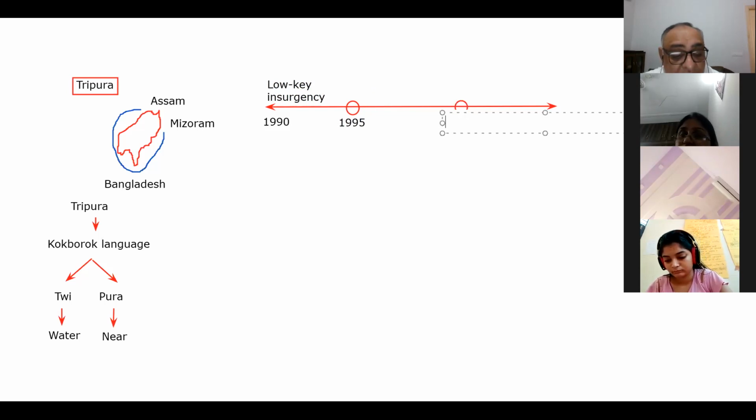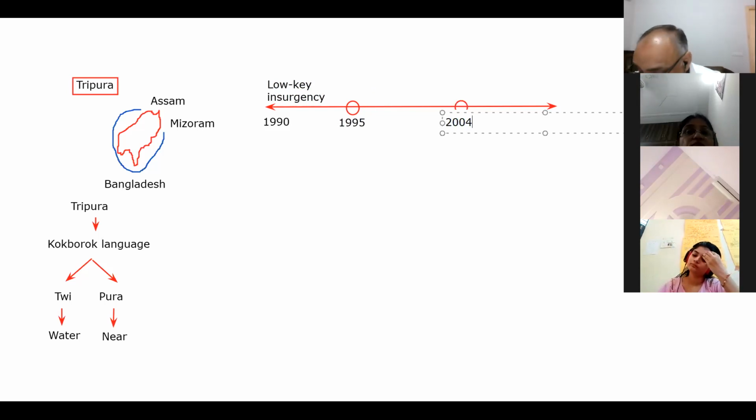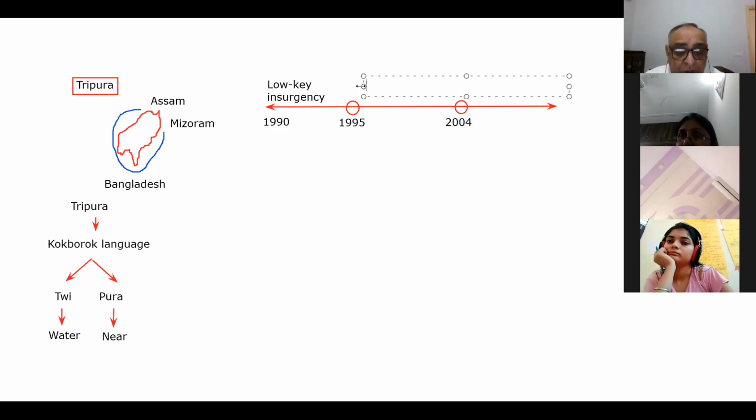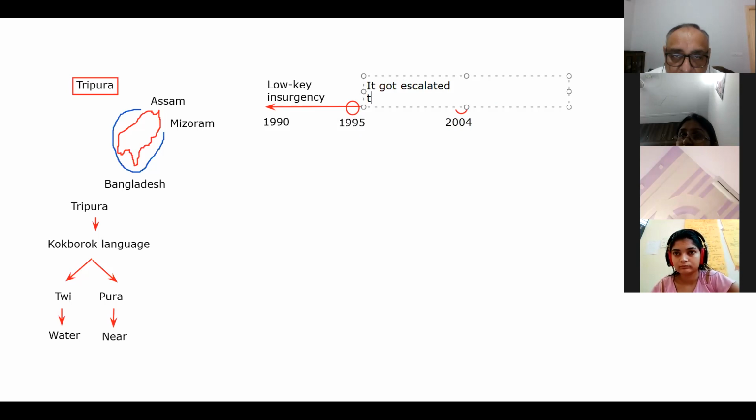1995 से लेकर के 2004 तक there was growth in its dimension and magnitude, right. You can say it escalated, it got escalated to the extreme, इस समय में ये बहुत increase हुई during that time, right.